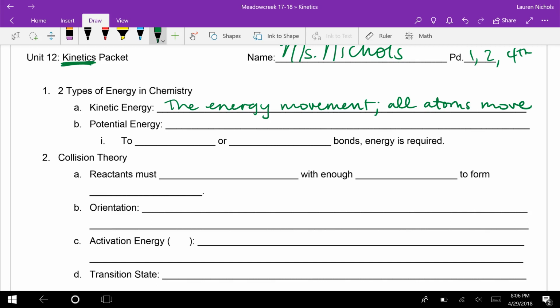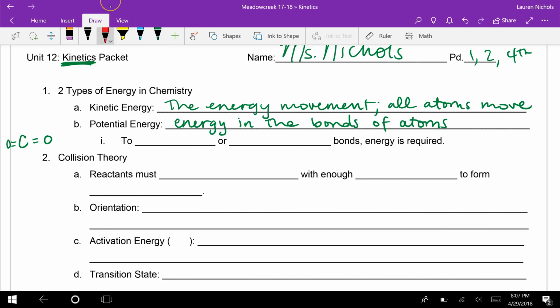Okay, and so potential energy is, a lot of times we learn about it in middle school physical science as being stored energy, and it's energy in chemistry in the bonds of atoms in molecules, right? So if I have carbon dioxide, let's just draw carbon dioxide, two oxygens.